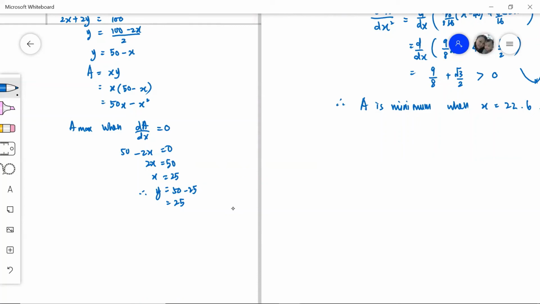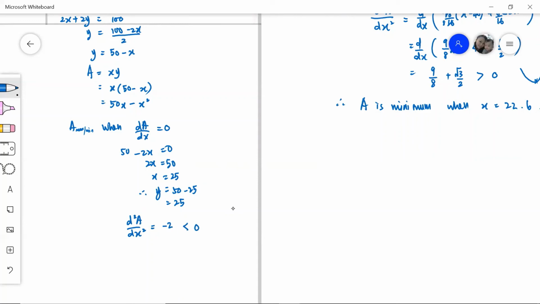Probably we don't write maximum here. A could be maximum or minimum when we set the turning point to be 0. Okay, therefore we check second order of derivative. We got -2, which is less than 0. When it is less than 0 it means it is decreasing.